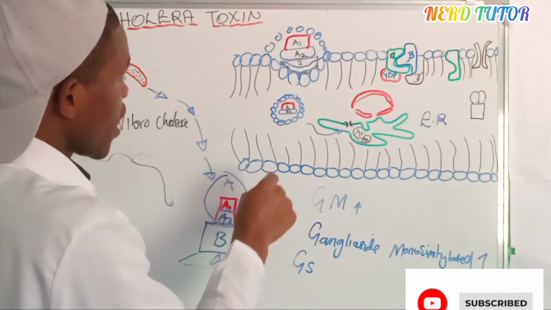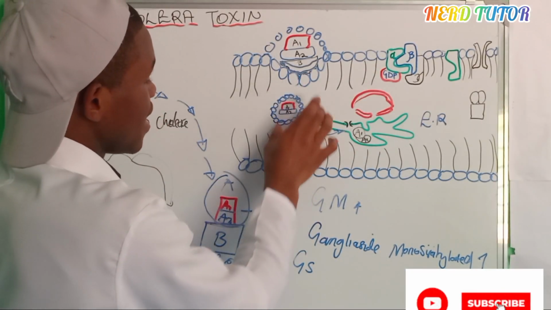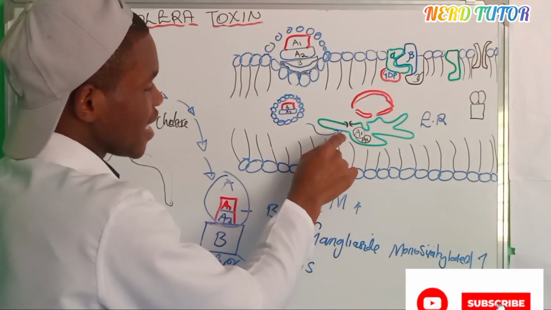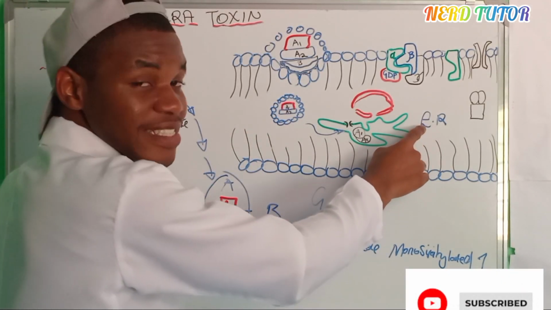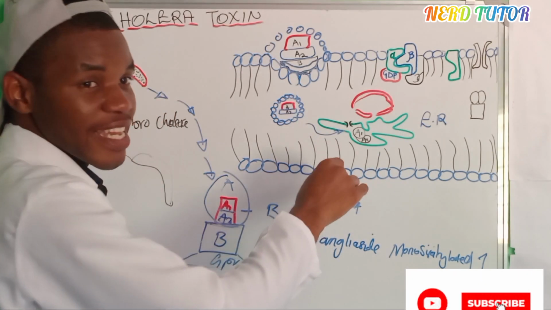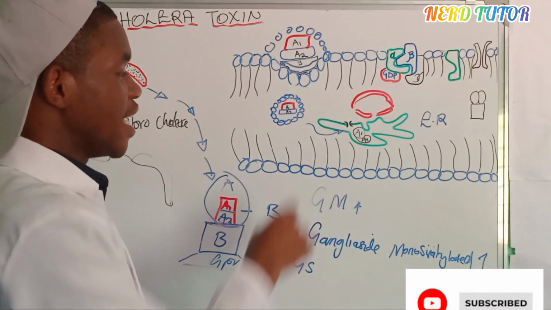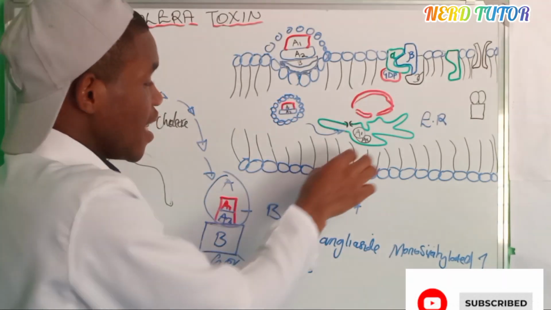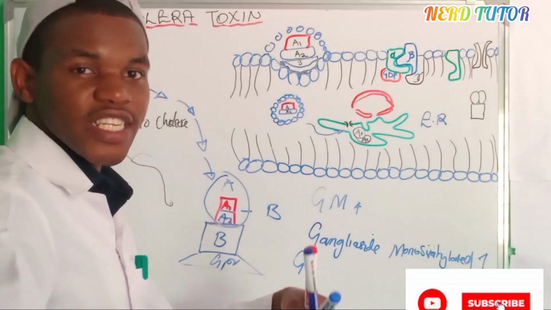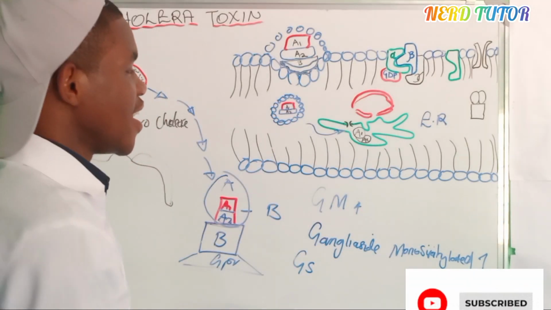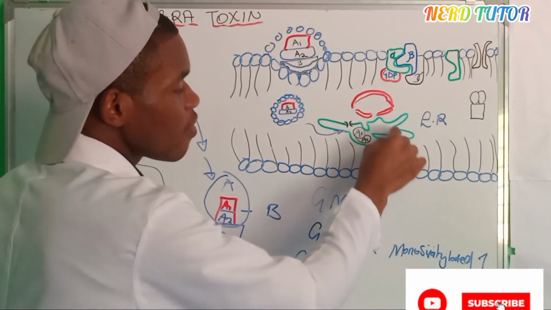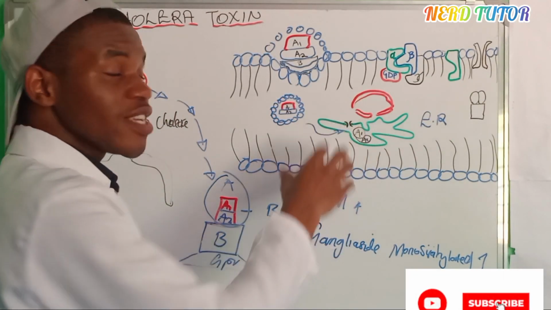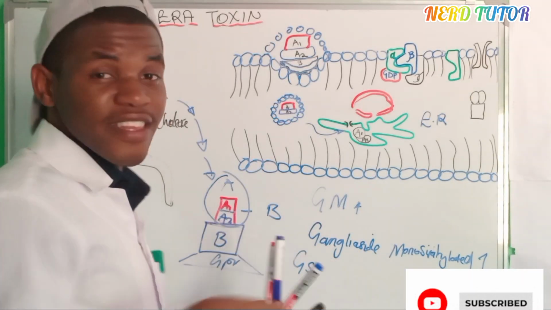Okay, so what will happen is these guys will move inside the vesicle. Now when they reach here, this is the endoplasmic reticulum. When they reach here, they will start performing as if it is the home ground, like it is their territory. They will try to change their coats, the outer coating. They will try to steal the membrane of the endoplasmic reticulum and put it on. They will try to manipulate themselves.